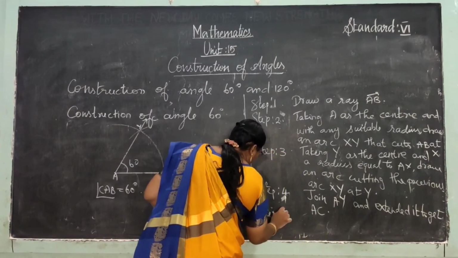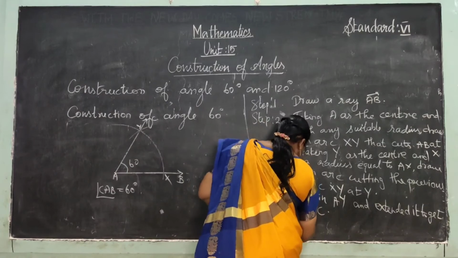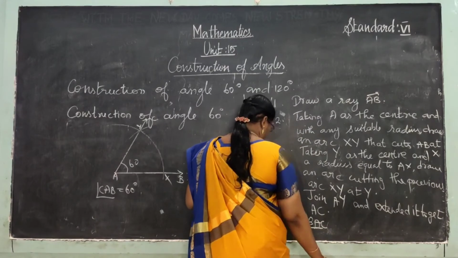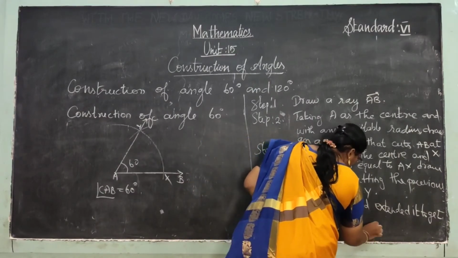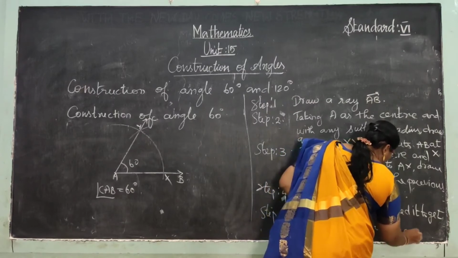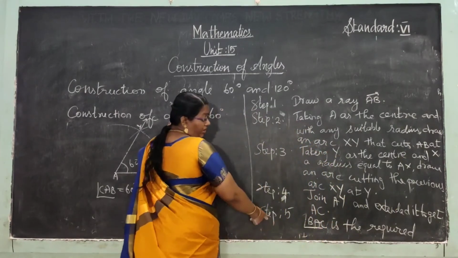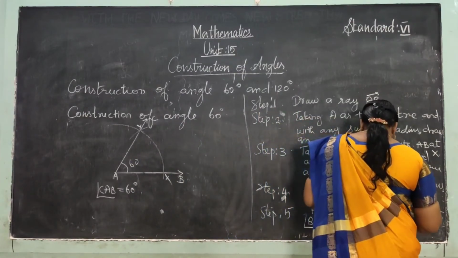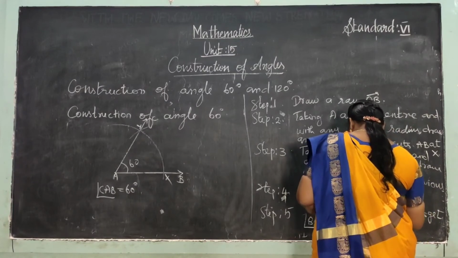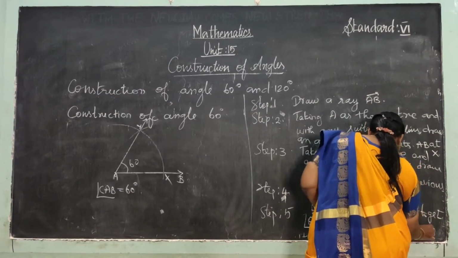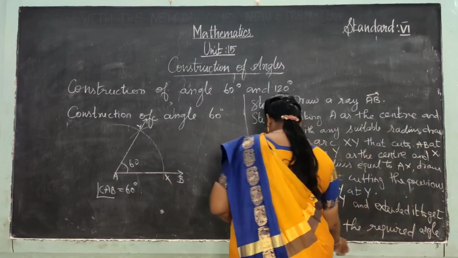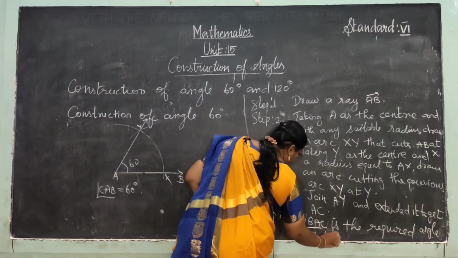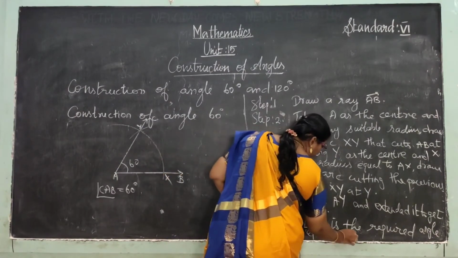Step 5. Angle BAC is the required angle equal to 60 degree.